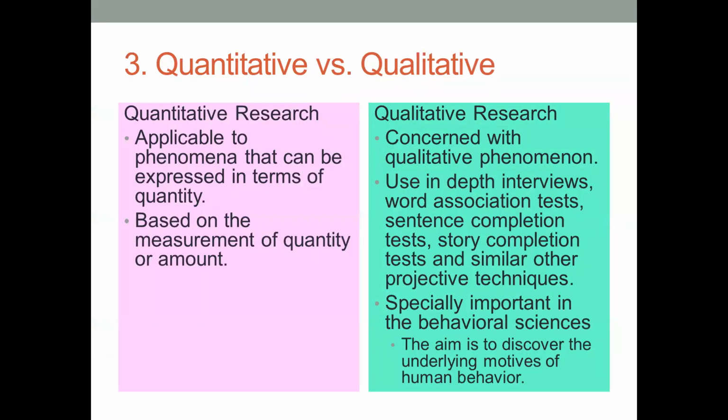Then quantitative and qualitative. From this word itself, you will get the answer. One is qualitative, one is quantifying. So quantitative research is applicable to phenomena that could be expressed in terms of numbers or quantities. Always, quantitative research means a quantity measurement. Now, in the previous example, as I said, what is the maximum rainfall?